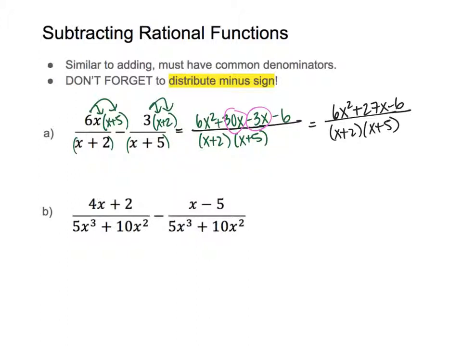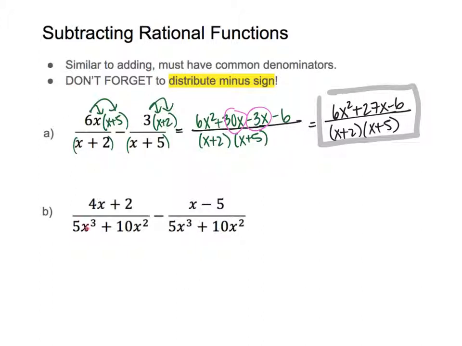And that looks like my final answer because I can't really combine any more terms in the top, and the bottom's already in factor form, so I don't have to mess with it. By the way, you don't need to FOIL this out. You can keep it as factors. This will come in a little bit handy when we learn how to solve for rational functions on Friday.